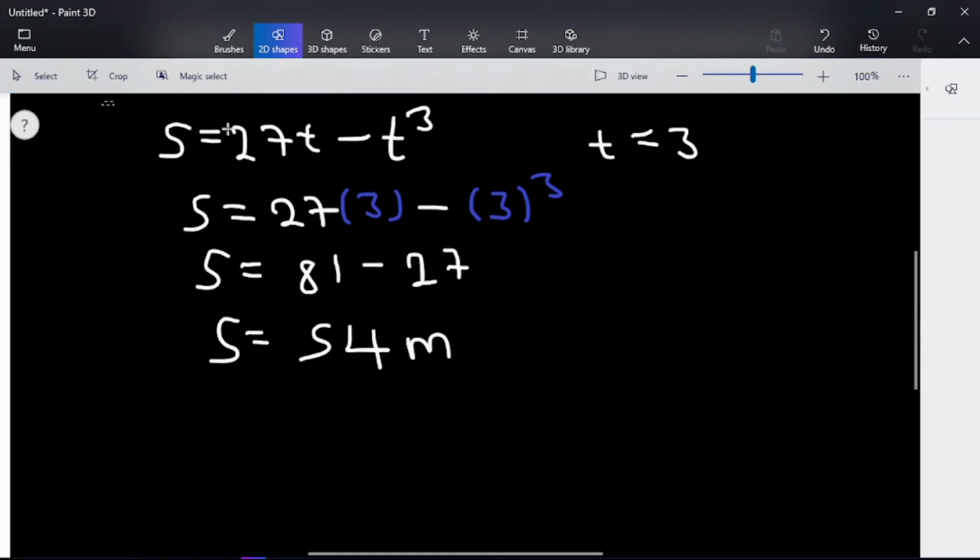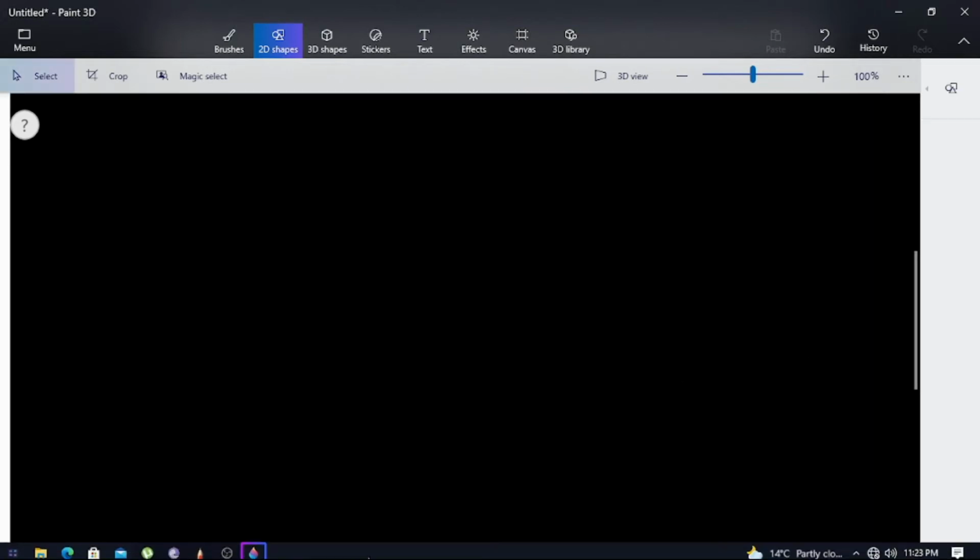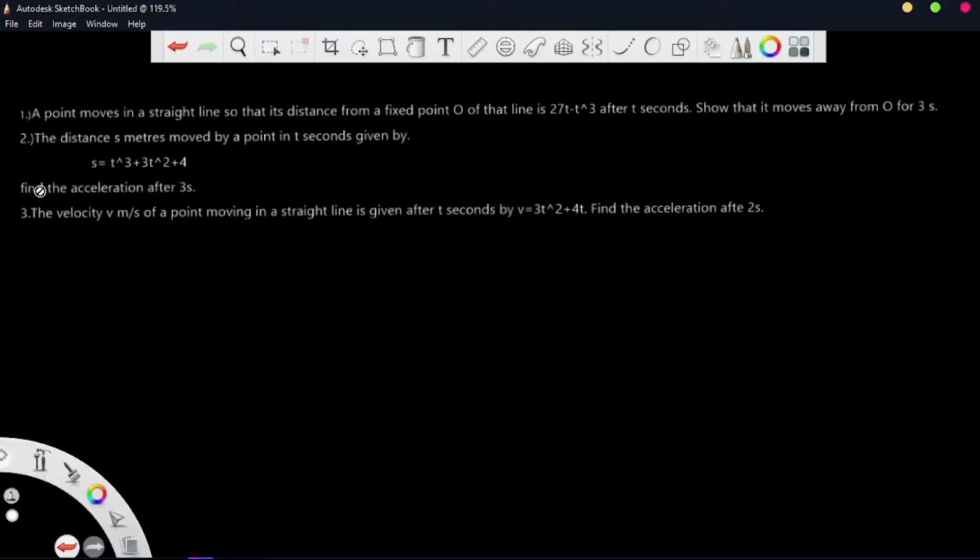So let's go ahead and try out the second question. So the second question, the distance S meters moved by a point at time t is given by, find the acceleration. So they want us to find the acceleration.